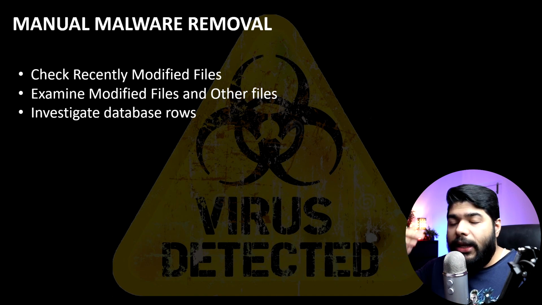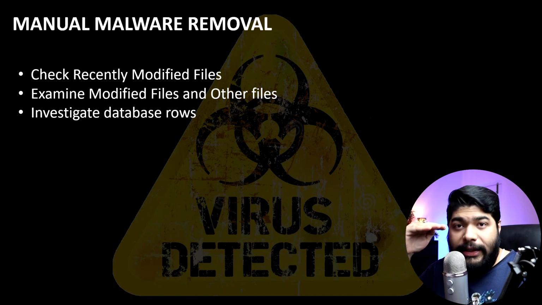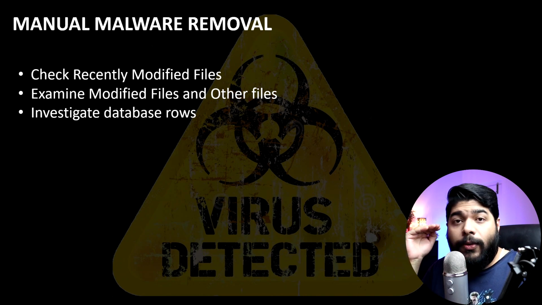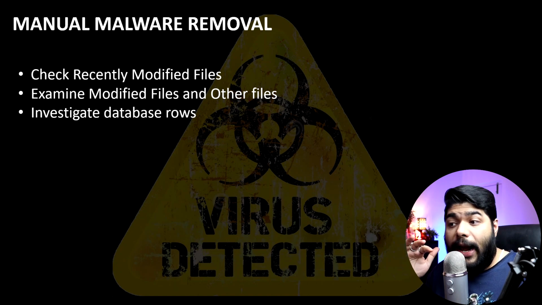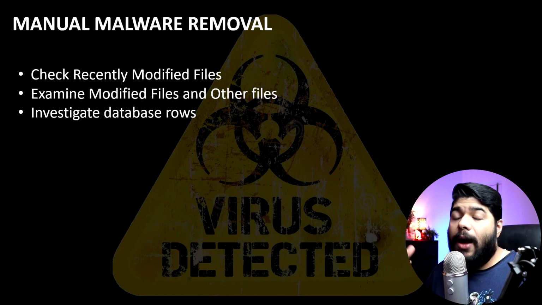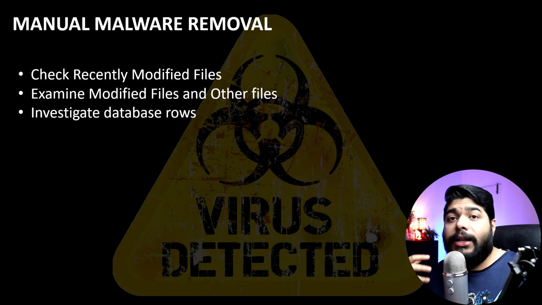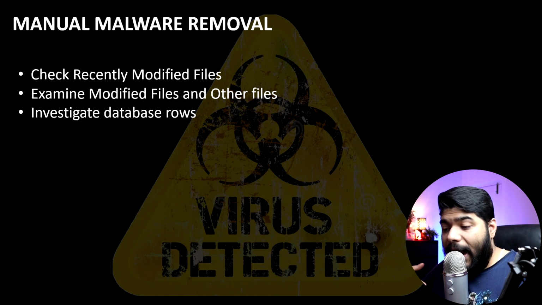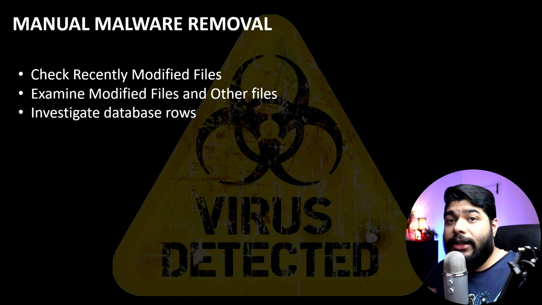That means you go through the entries of your database, and if you find something anomalous that should not be there, you should remove it. Okay, so that's a place where malware can hide itself, and at a later point in time the attacker can leverage that particular option and compromise your website repeatedly.